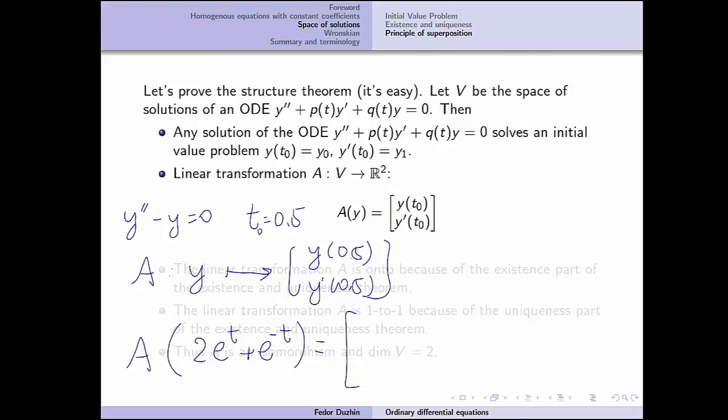The first entry is going to be the value of this function at 0.5, which is 2 e to the power 0.5 plus e to the minus 0.5, and the second entry is going to be the derivative evaluated at the point 0.5, which is 2 e to the 0.5 minus e to the minus 0.5.